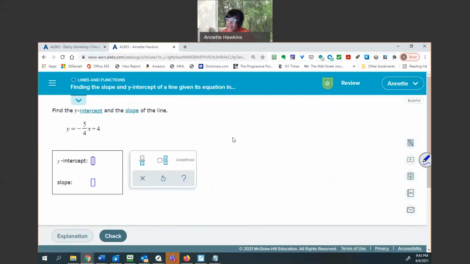Okay, it says find the y-intercept and slope of the line. Well, in order for you to do this, you need to know what the equation of lines look like. So let me give you equations of lines.